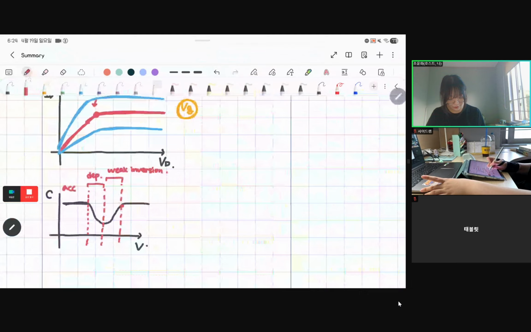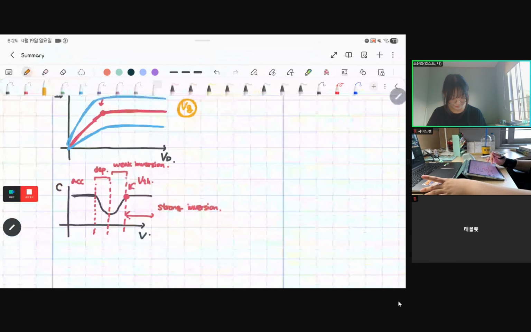When the voltage given is more than the threshold voltage, after this part is strong inversion. So let's see this part.